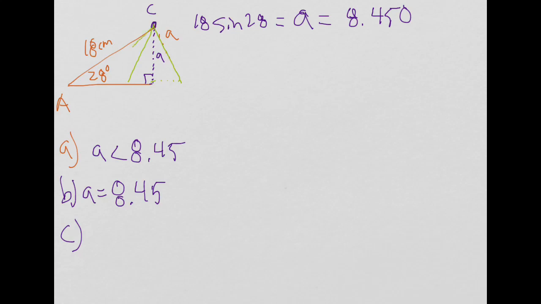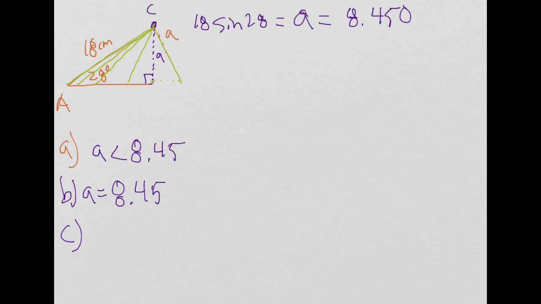So think about it like this. If you make that line bigger and bigger, as you think about your triangle to the left, you're going to reach a point where it can't get any bigger, and if it's the same length as 18, you don't have a triangle anymore.